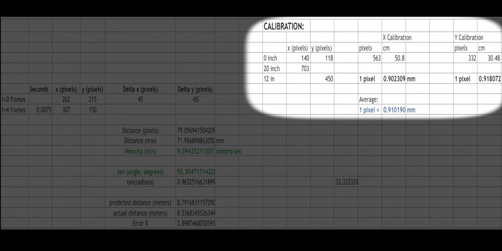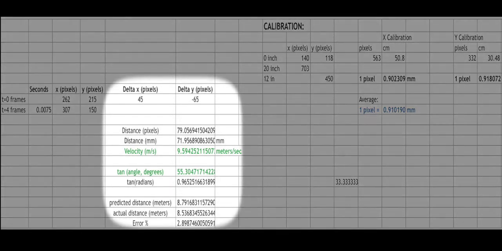And for the y calibration, 332 pixels was 30.48 centimeters, which means that 1 pixel is about 0.918072 millimeters. So the average is 1 pixel equal to 0.910190 millimeters.